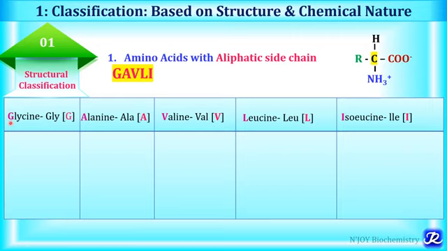Glycine is abbreviated as the 3-letter symbol GLY and 1-letter symbol G, alanine by ALA and A, valine by VAL and V, leucine by LEU and L, and isoleucine by ILE and I.